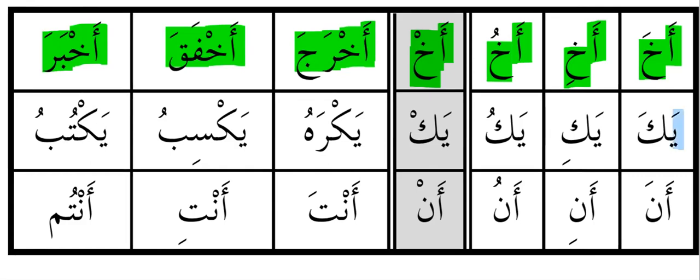You have ya, ka, yaka, ya, ki, yaki, ya, ku, yaku. Then ya, and the kaf with the sukoon, yak. See, we can hear the letter, but we don't pronounce it. We say yak.